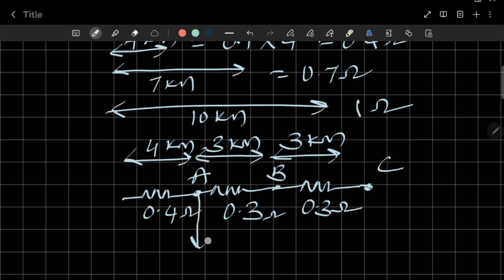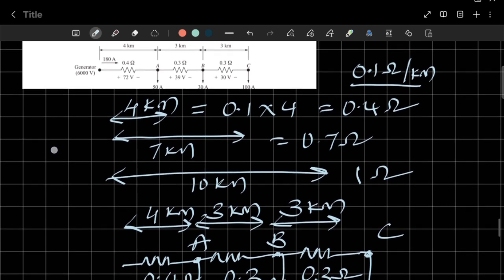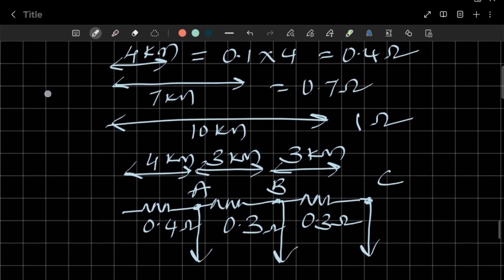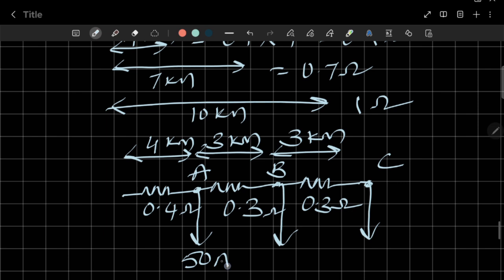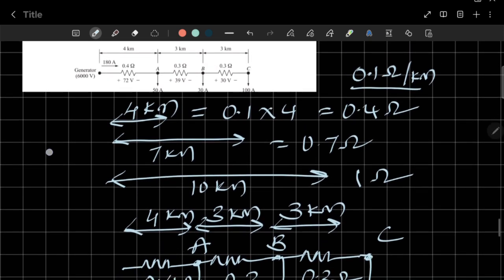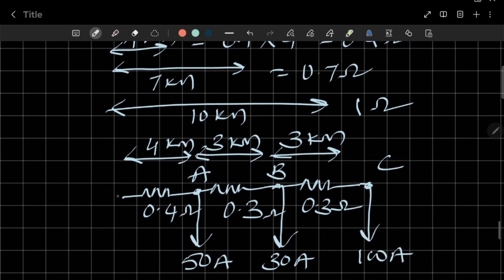Some current is drawn from node A, some from node B, and some from node C. They have given 50, 30 and 100 amps respectively: 50 amps is drawn from A, 30 amps from B, and 100 amps from C. And from the 6000 volt generator, the generated current is 180 amps.